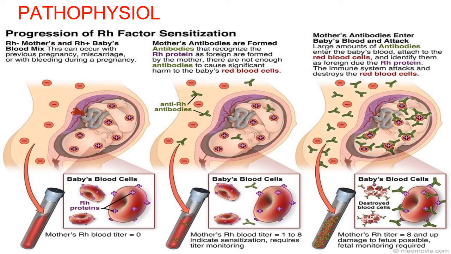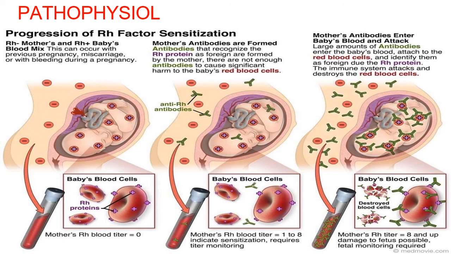So, what is the progression? As I told you, whenever there is sensitization, antibodies are formed. If the titer of antibodies is 1 in 8, it indicates sensitization and requires titer monitoring. And if the titer is more than 1 in 8, it is possible that the fetus will be damaged and fetal monitoring should be done.